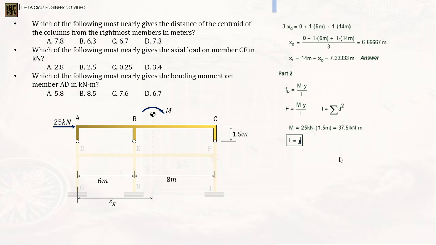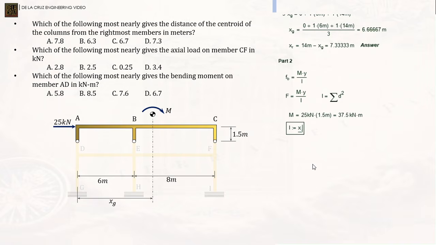I hope that is clear. So that would be XG squared plus the distance of member BE to the neutral axis. What is this distance? That is XG minus 6 meters. Very clear.